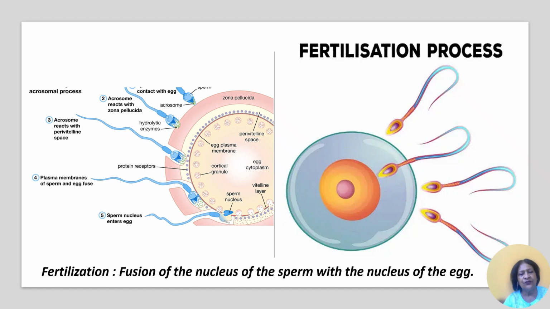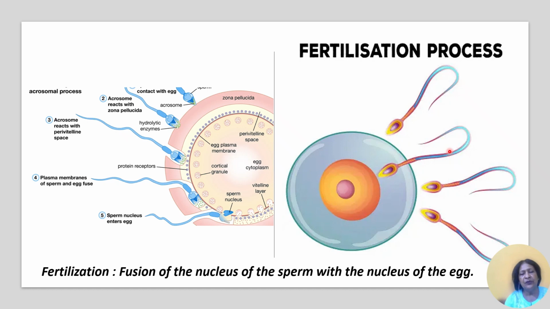This is the act of fertilization. Fertilization is the fusion of the nucleus of sperm with the nucleus of an egg. Here, diagrammatically, you can see that since in an ejaculate so many sperms are released, yet only one sperm generally enters into the ovum.